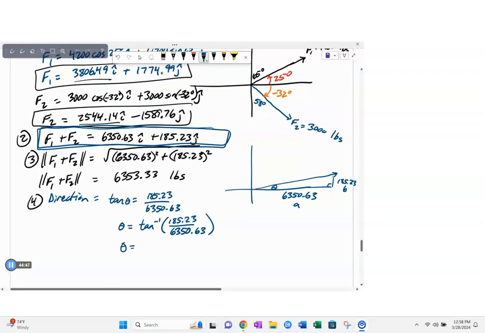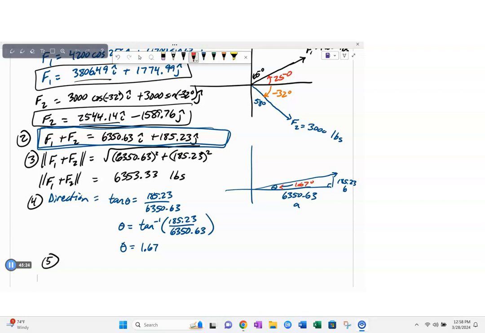And you get your theta being 1.67. Now, if it's in quadrant 1 or 4, you're fine. You don't have to add 180 degrees. This is measured from the x-axis, so right here this is the 1.67 degrees. Now, what we actually want is the bearing. So we got to do a little bit more.